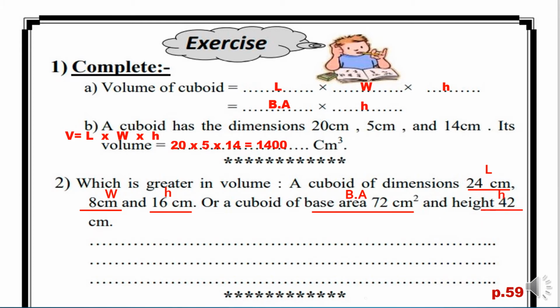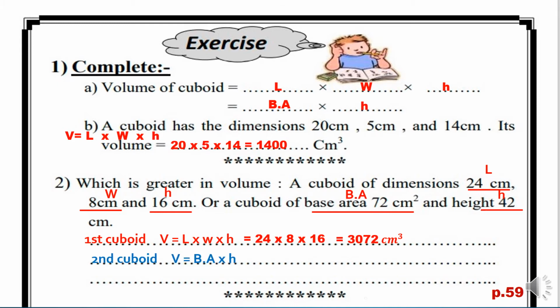So I have here 2 cuboids and I want to compare between their volumes. So I will get the volume of the first cuboid. It's equal to length times width times height, which is 24 times 8 times 16, equals 3072 centimeter cube.